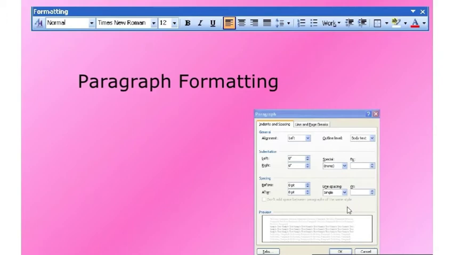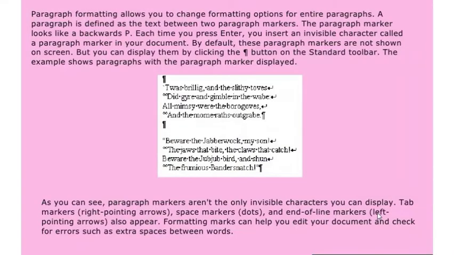Paragraph formatting. If we are using text which runs in two or more lines, we can apply paragraph formatting. Formatting marks. Paragraph formatting allows you to change formatting options for entire paragraphs.